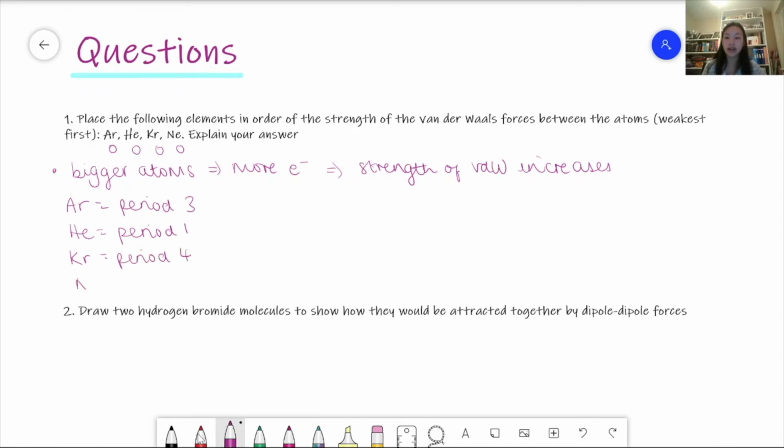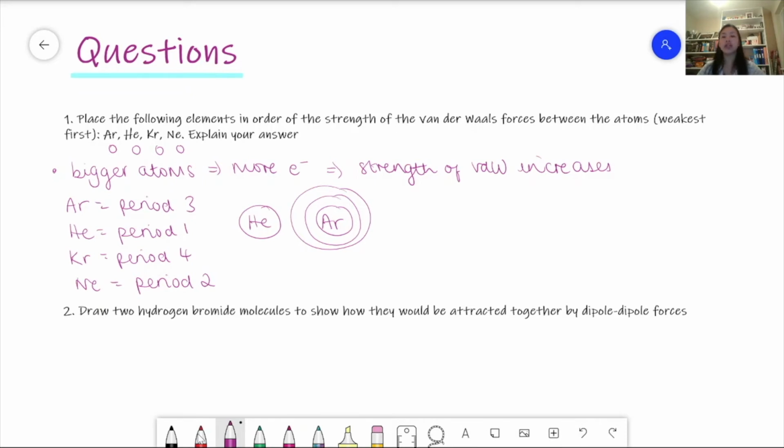And neon is in period 2. Now this helps us a lot because we know that helium has 1 outer shell, and we know that argon has 3 shells. So we can tell that krypton is the biggest atom because it has 4 shells.